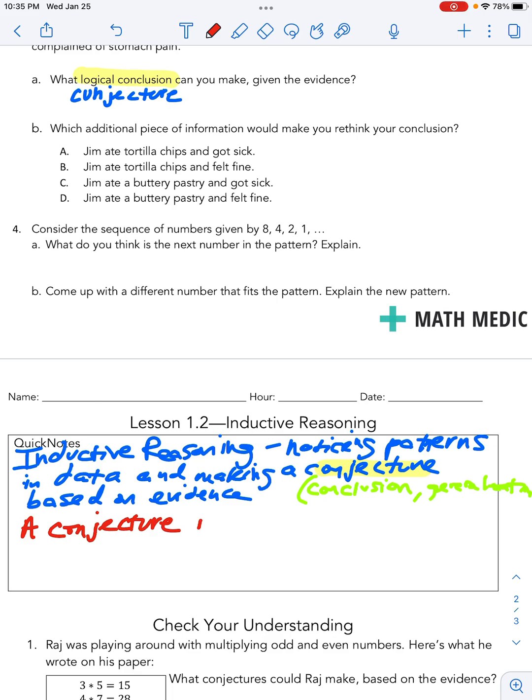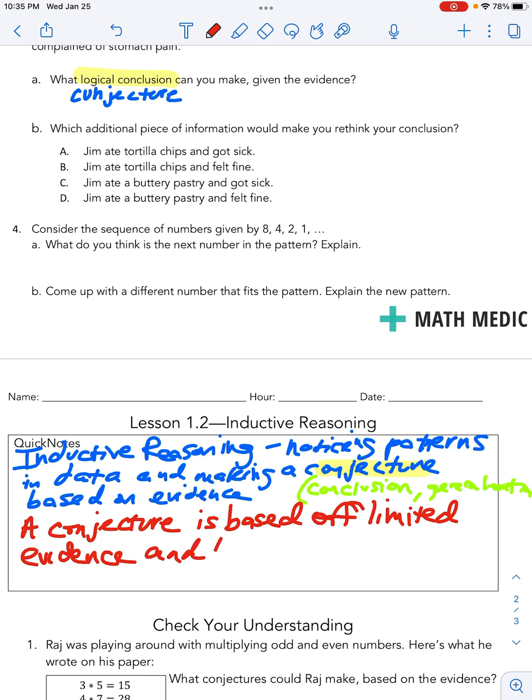A conjecture is based off limited evidence and thus not guaranteed to be true.